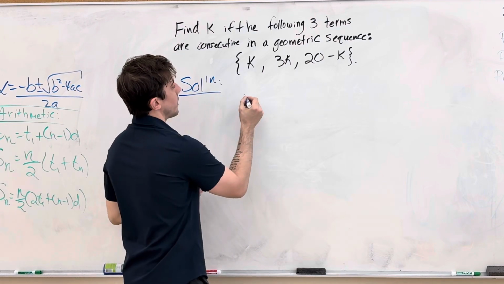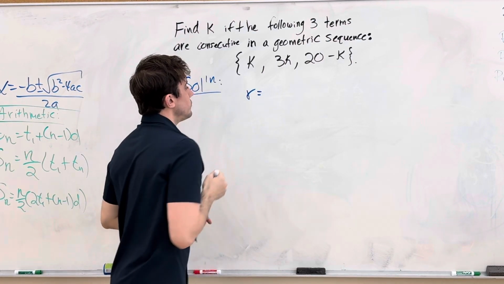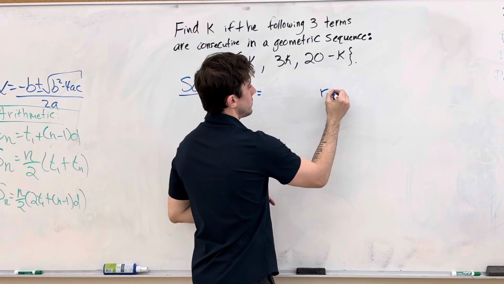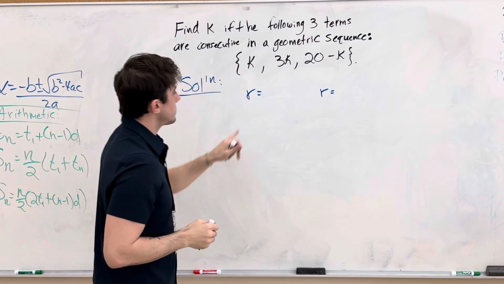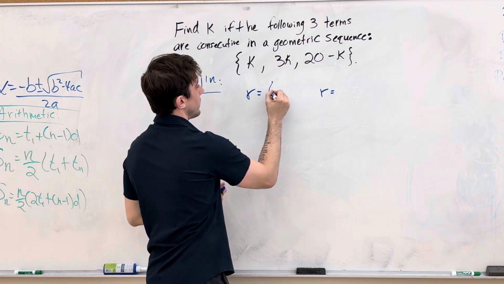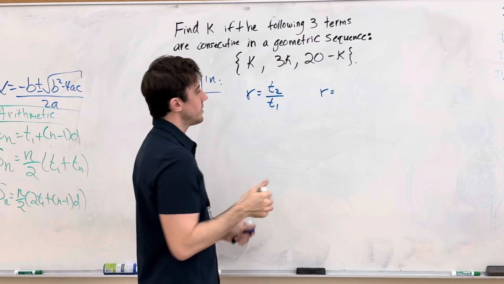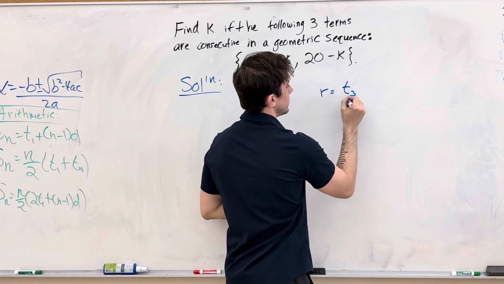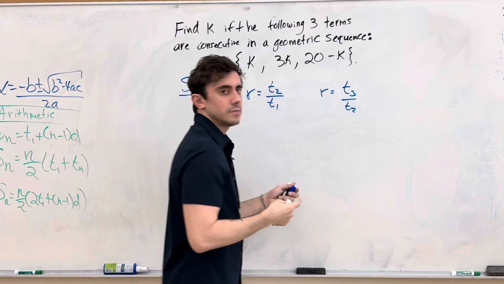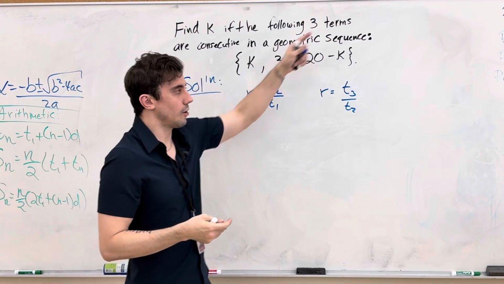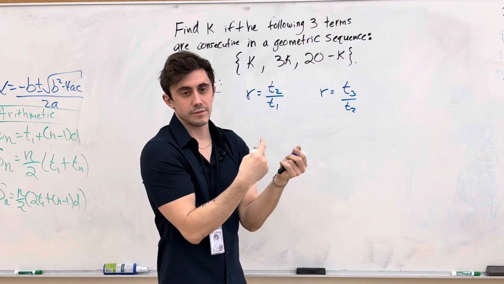And they're related in a way that we can get two different equations for our common ratio, because we know that r can be found by taking the ratio of t2 to t1, and likewise the ratio of t3 to t2, right? Also the ratio of any term along the way divided by the term before.